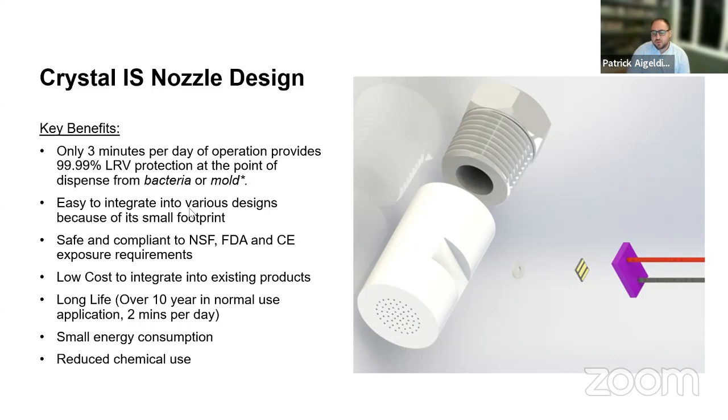But this device would prevent any ingrowth from retrograde contamination on the outlet. So the pipe size could most likely go up to 1 inch. We haven't tested that, but it could. And really, it's more about the water flow than the pipe size.